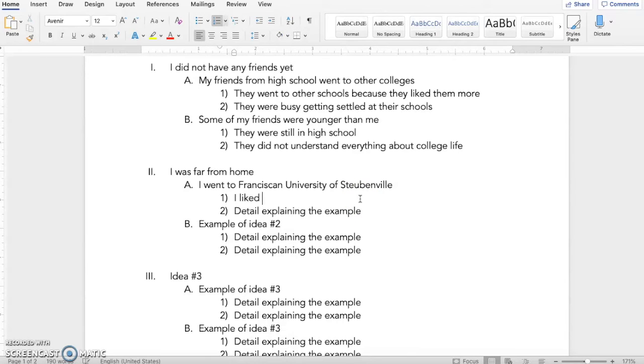I lived in, that says liked. Always got to go back and check. Lived in New Hampshire. Okay, New Hampshire is pretty far from Steubenville, Ohio. How far, you might ask? Well, that's going to be my second detail. Steubenville is 630 miles from New Hampshire.